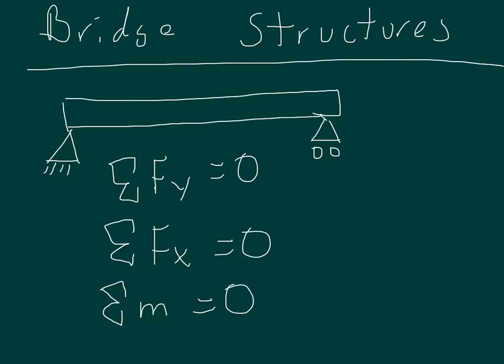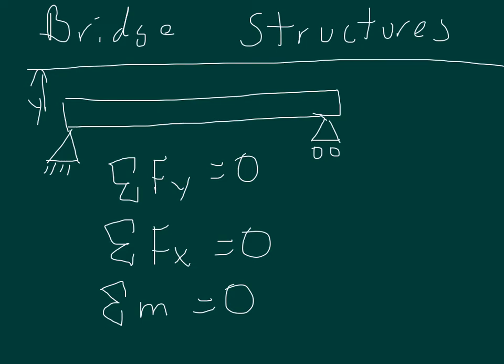So meaning, if that's the y direction, if a car goes over and the car has mass and gravity is pulling it down, the bridge must resist the downward motion and be able to stay upright. So the sum of the forces is 0.